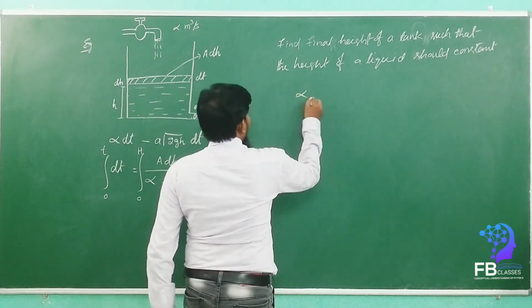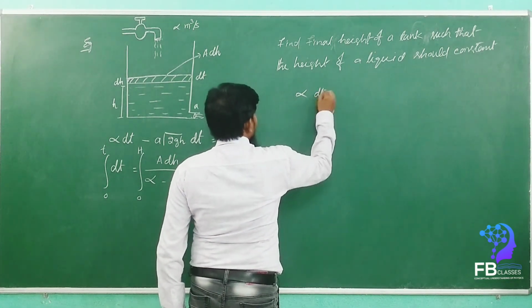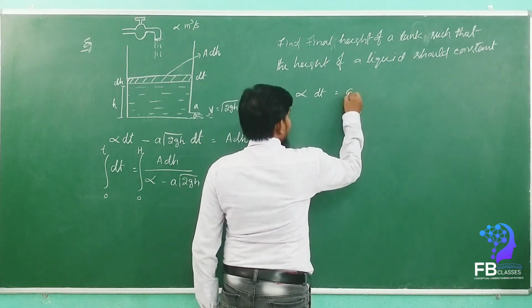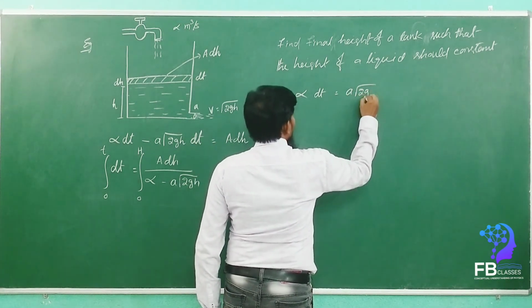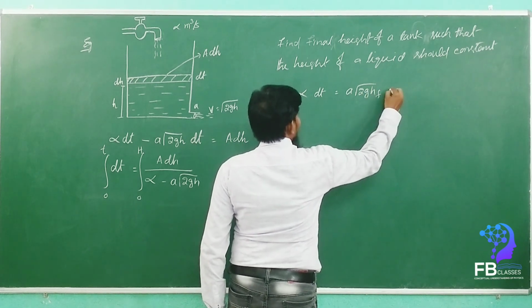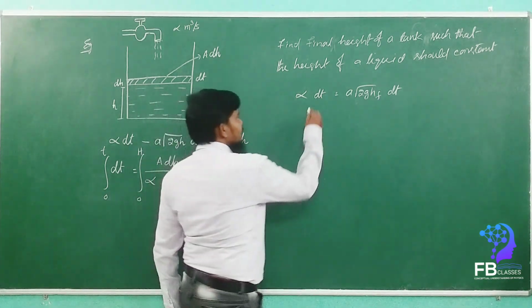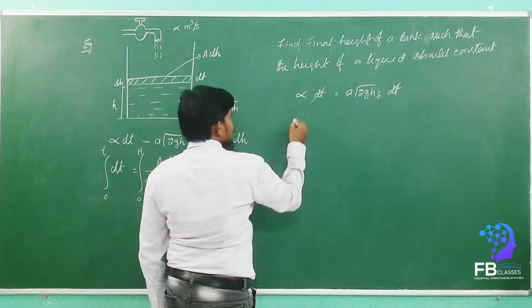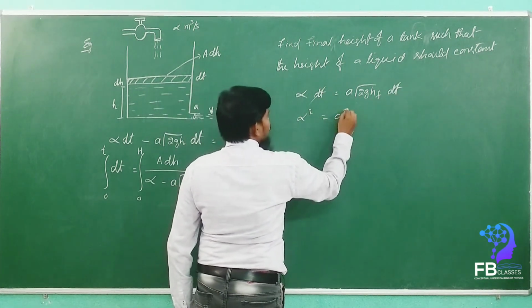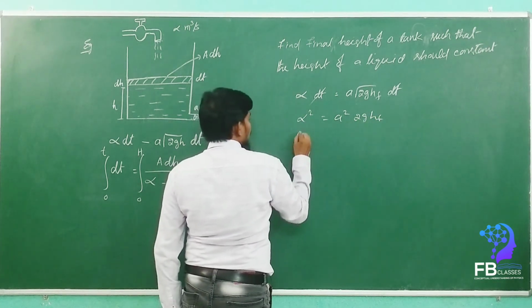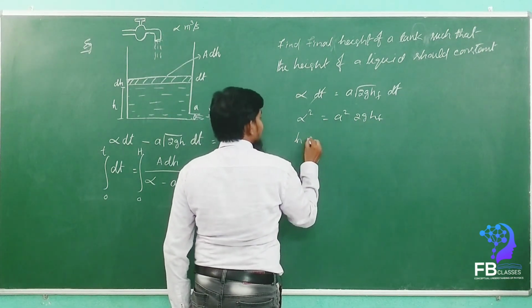See here, alpha dt is equal to a root 2g h final into dt. Yes or no? So from here we have to find out. Alpha square is equal to a square 2g h final. So h final is equal to how much, my dears?